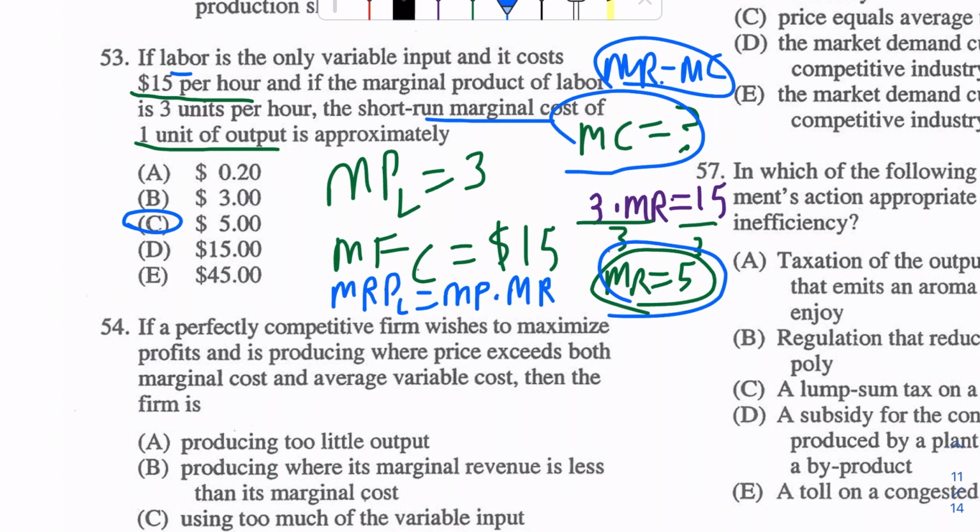Once we found the MRP, we figured out the marginal revenue. And once we know the marginal revenue, we automatically know the marginal cost. You're probably wondering, well, why is it marginal revenue, marginal cost? We always go back to step 1. Step 1 is always MR equals MC. So if we know marginal revenue is 5, marginal cost has to be 5. Okay.